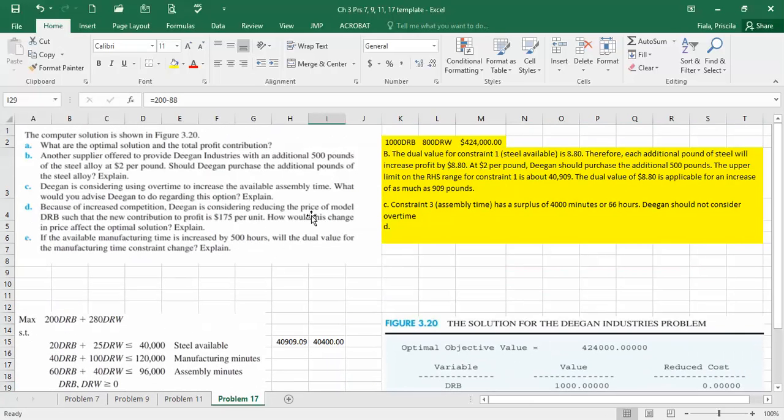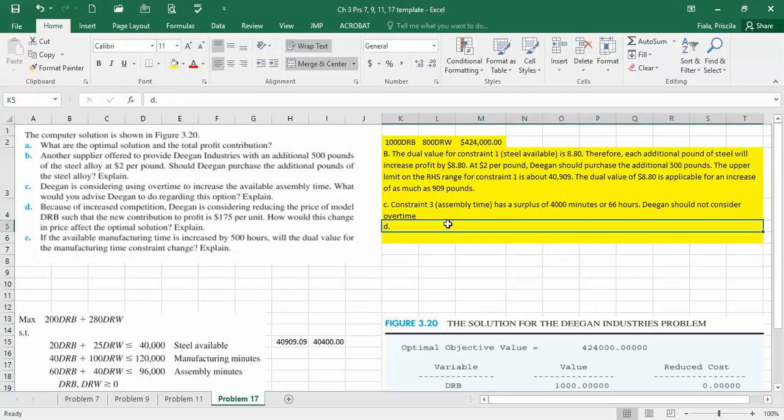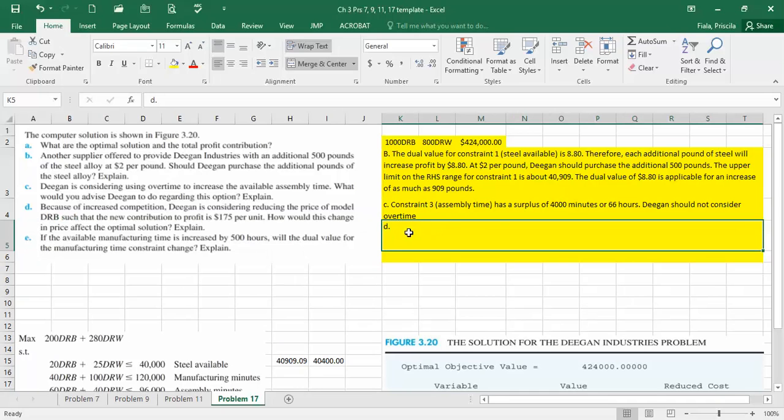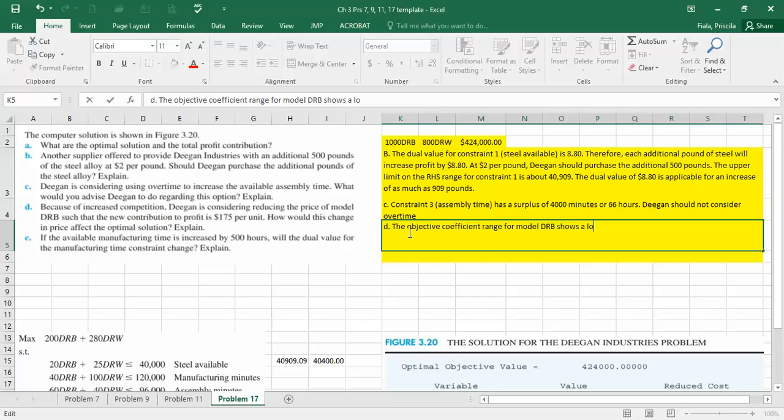Well, but they want to know the changing price. So how would you answer that? Let me make this bigger. You could answer that the objective coefficient range for model DRB shows a lower limit of 112, right?